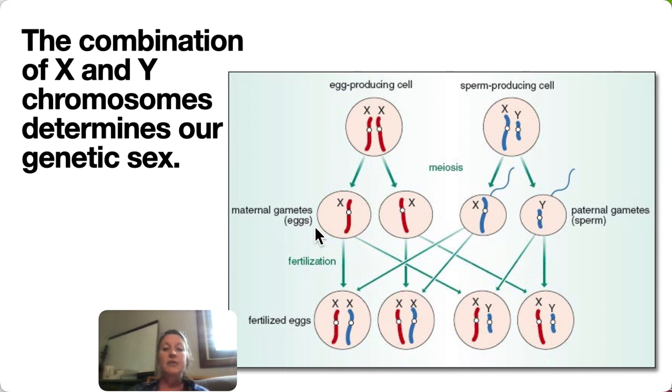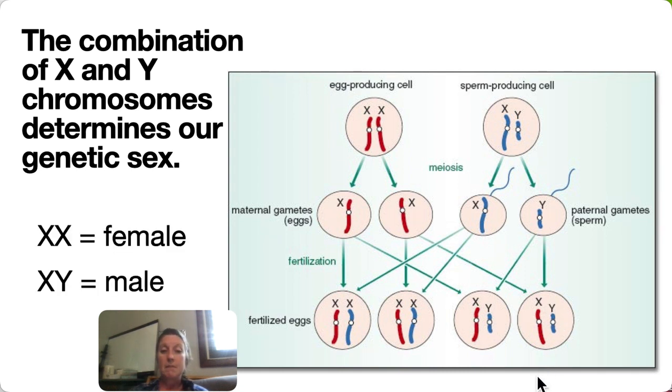Now, if this egg fuses with this sperm, then we have an individual with two X chromosomes, so most likely female. If this egg and this sperm fuse together, same thing. But if either of these eggs fuse with the sperm that has the Y chromosome, then we have an XY individual who is most likely to develop as male.